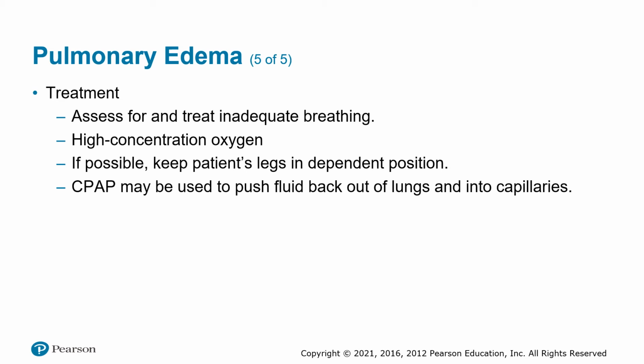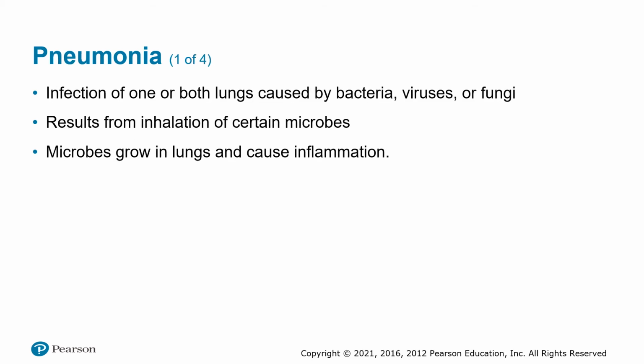Typically what's going to happen is you're going to walk in on these patients and they're going to have some type of fan on them, on the highest setting, just blowing on them, because essentially what they're trying to do is create that CPAP. And then that CPAP may be used.